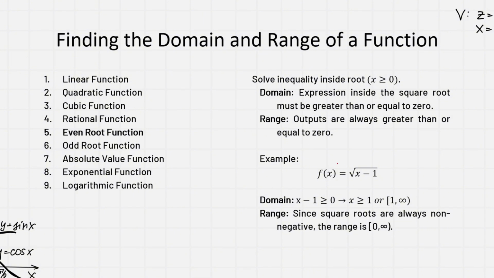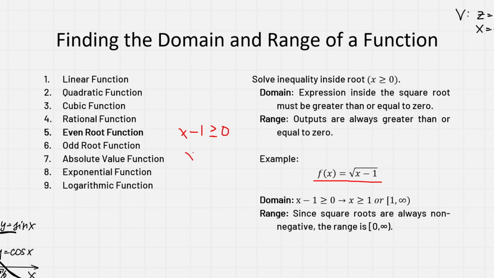So let's say this one. We have f of x equals the square root of the quantity x minus 1. Okay. So focus on the expression inside the radical. We have x minus 1. Apply the constraint, which is the expression should be greater than or equal to 0. Solve the inequality.